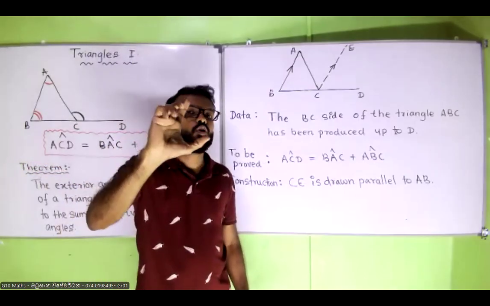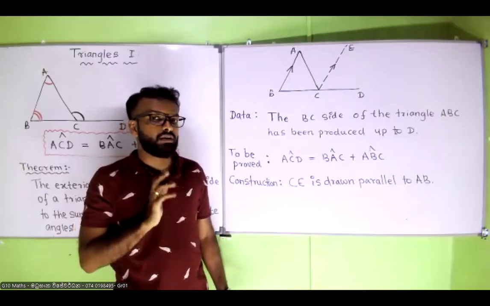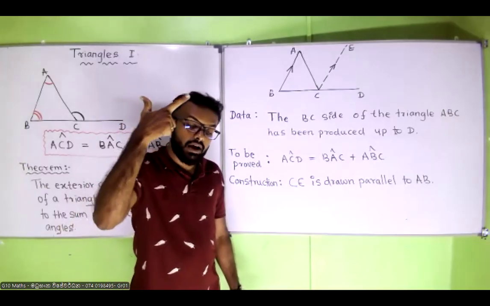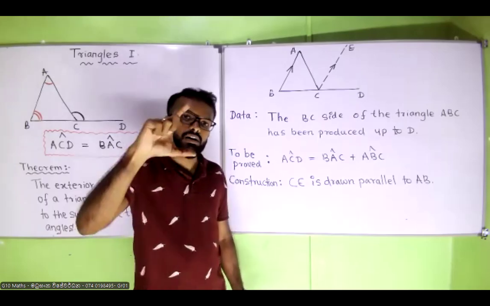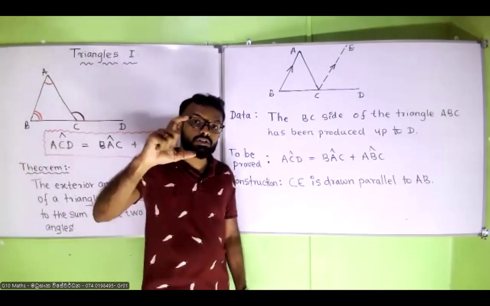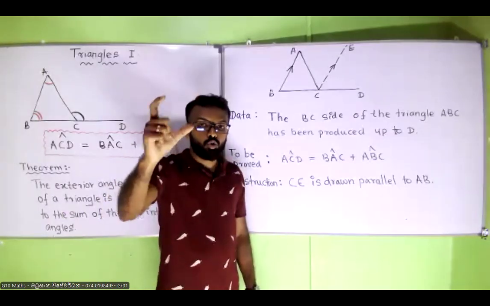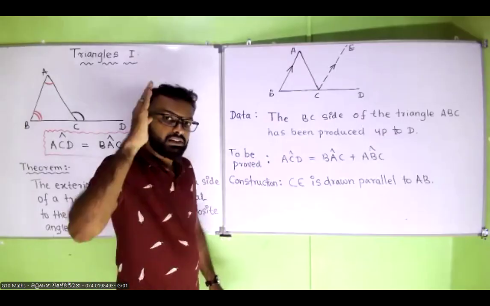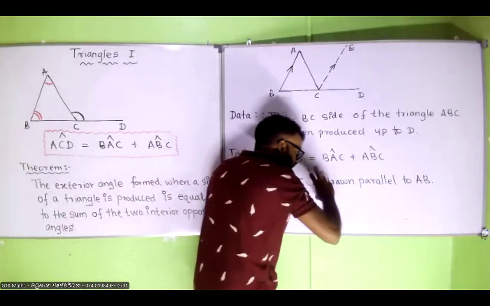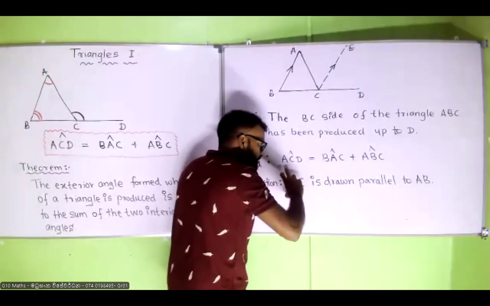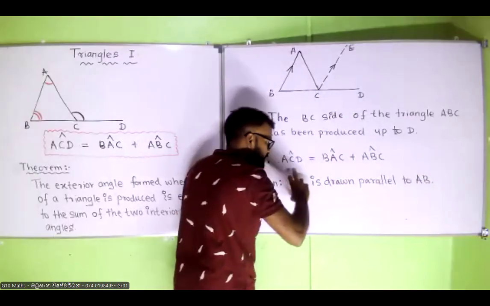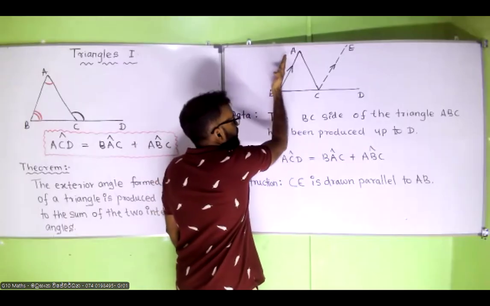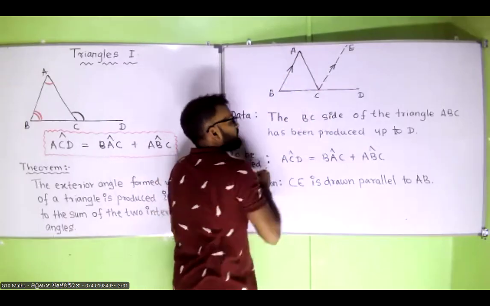I hope you know those three types of angles: alternate angles, corresponding angles, and allied angles. We are going to use one or two of those angles to prove this theorem. That is why we did this construction. Parallel to AB, we have drawn the CE line.